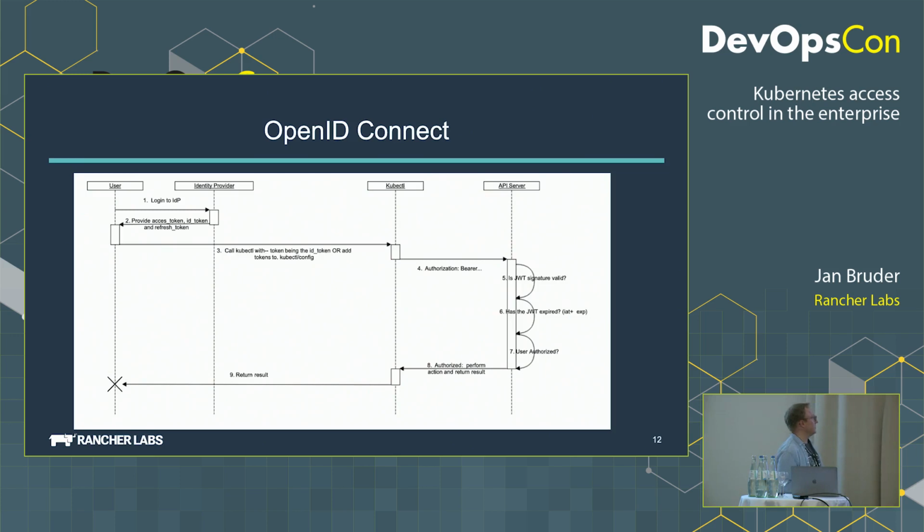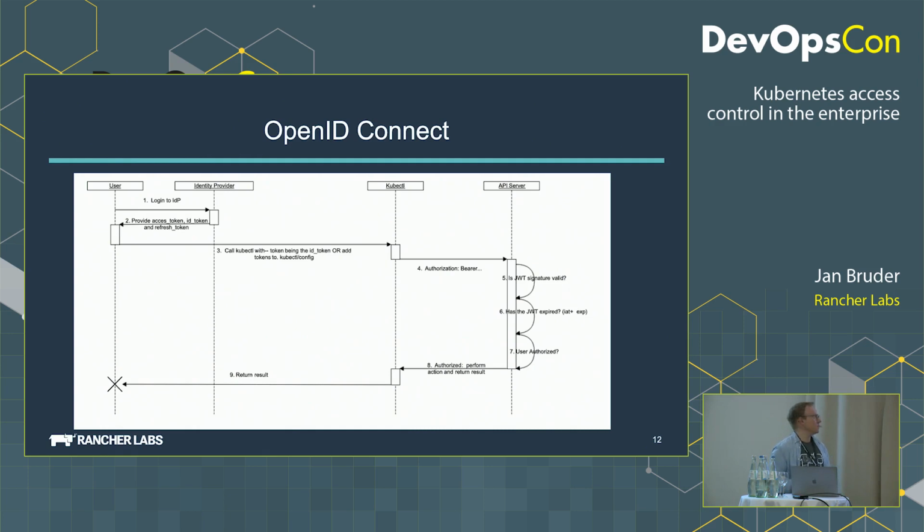If you look at the flow of OpenID Connect very quickly, you see the components that are involved here: a user, an identity provider, and the Kubernetes API server. What first happens is the user logs in to the identity provider and obtains the ID token.